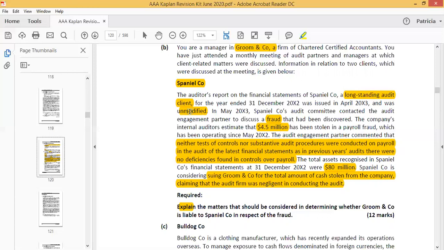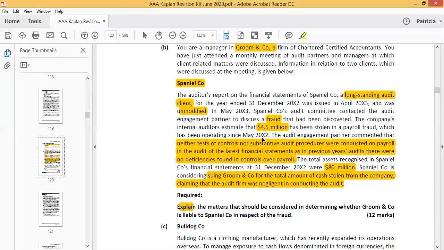So here, bear in mind, what have we been told? That the company's internal auditors estimate that 4.5 million has been stolen, which has been operating since May 2002.